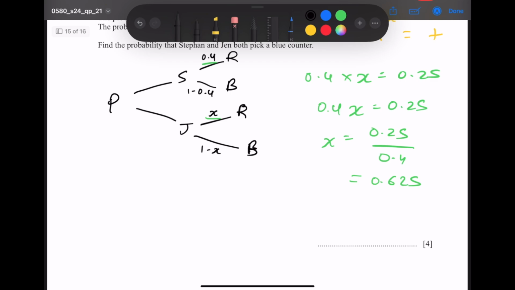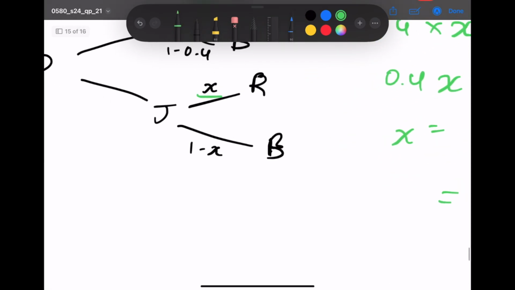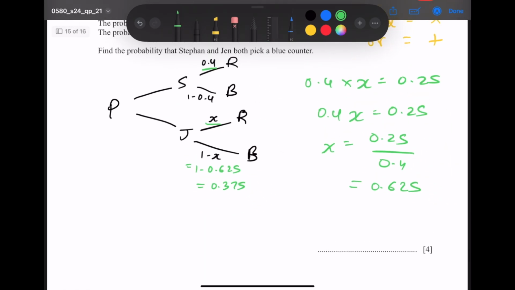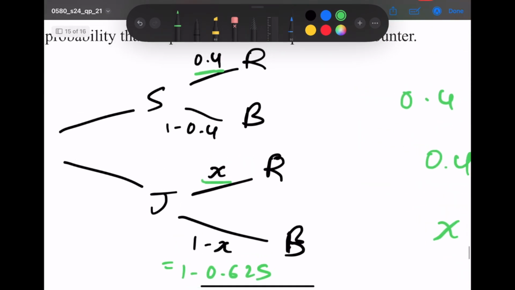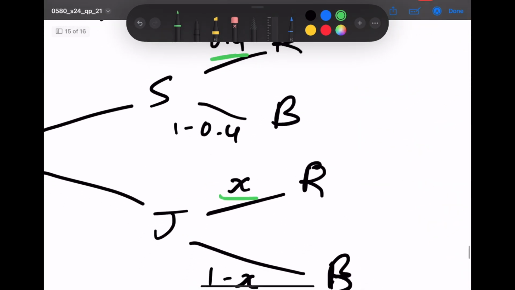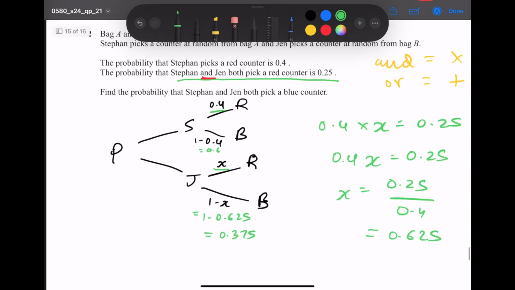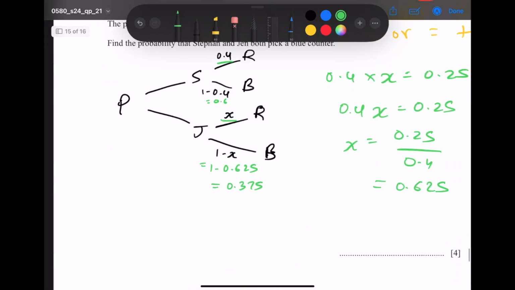Now, since we have the value of X, we can get the value of 1 minus X, which is equal to 1 minus 0.625, which is equal to 0.375. So the odds of Stephen picking up a blue counter is 0.6, since 1 minus 0.4 is 0.6. And the odds of Jen picking up a blue counter is 0.375.